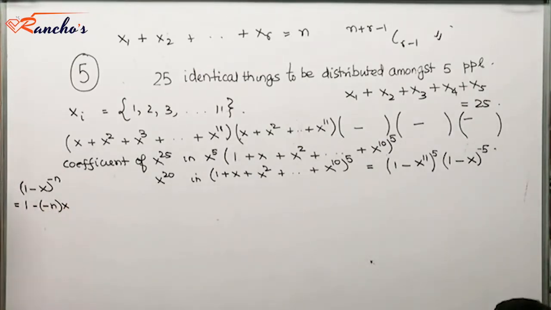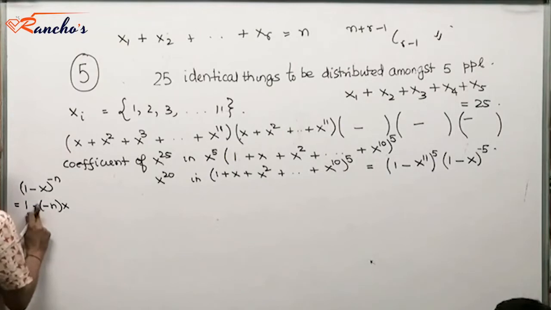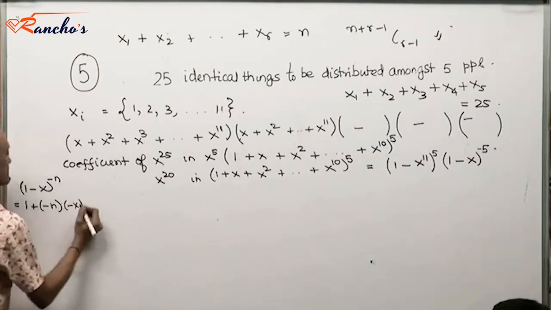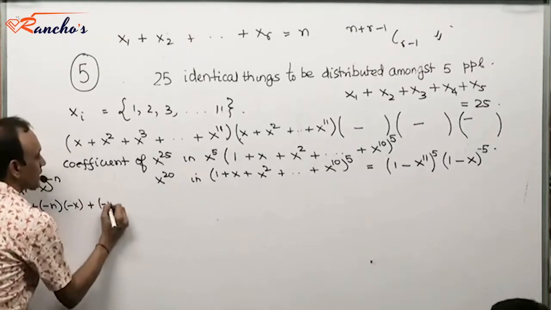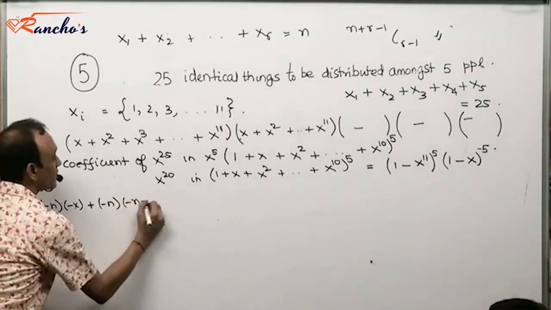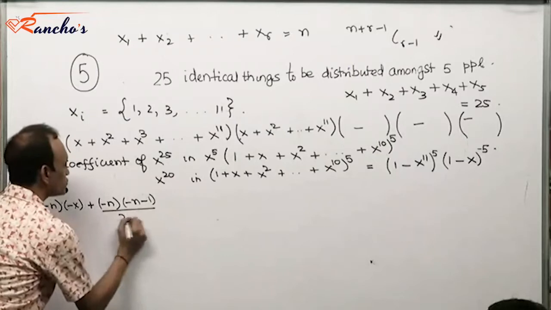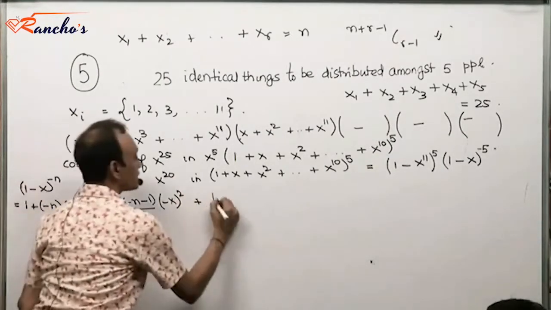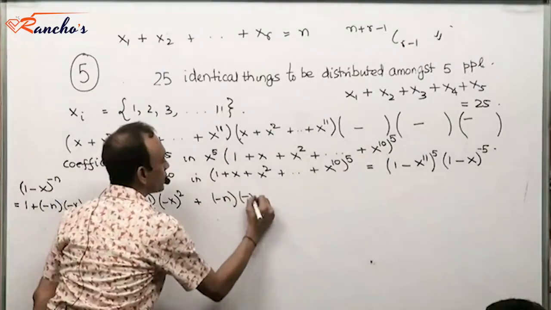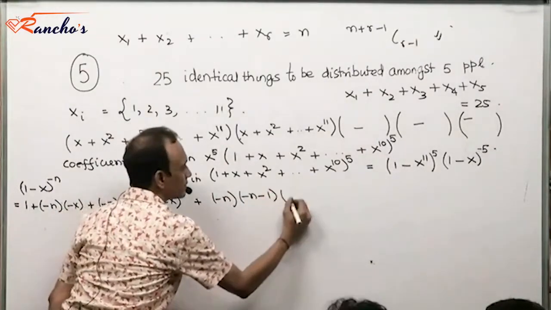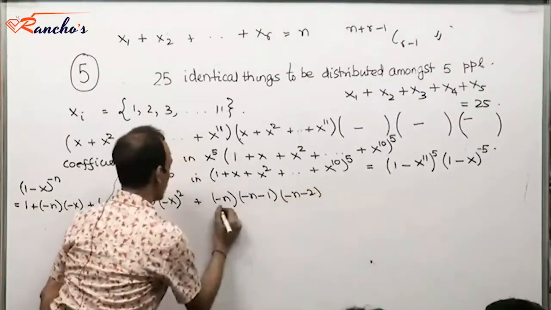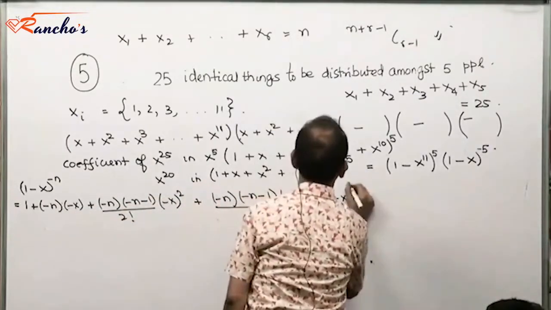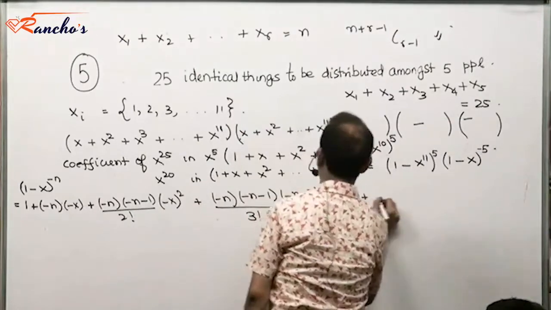What I do is 1 plus minus n into minus x plus minus n into minus n minus 1 by 2 factorial into minus x squared plus minus n into minus n minus 1 into minus n minus 2 by 3 factorial into minus x whole cubed, and so on and so forth.